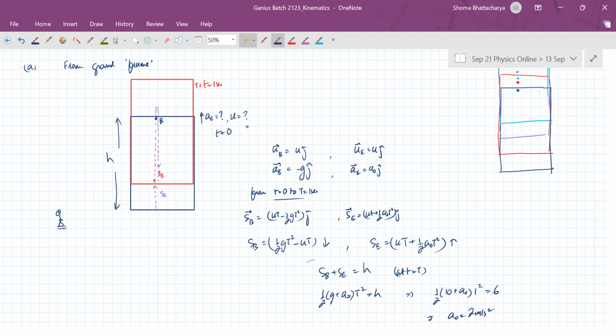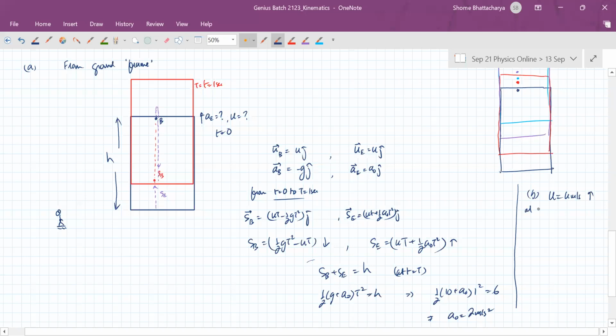So I hope the second method is clear. You can now work out the second part of the question, where the initial velocity of the elevator at the moment the bolt comes off is given to you to be 4 meters per second. In the B part, u is equal to 4 meters per second upwards at t equal to 0 when the bolt comes off.